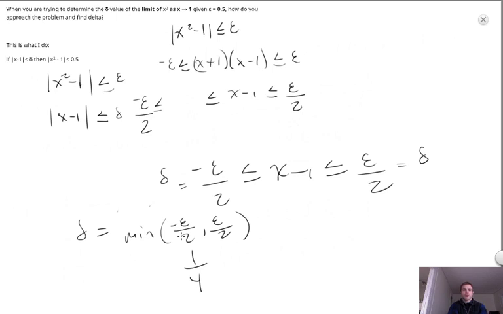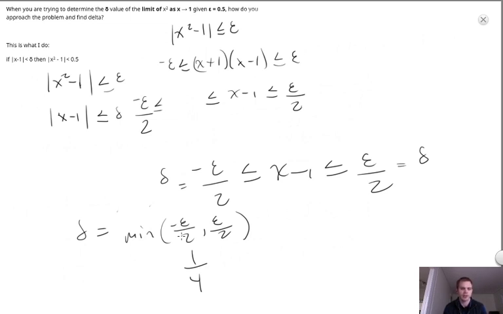Did I mess it up again? I keep plugging this in for x, and that's not the right thing.